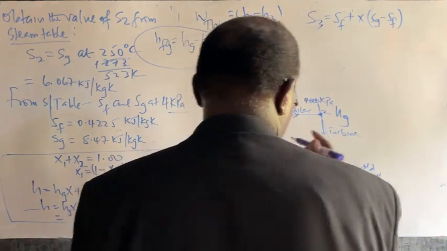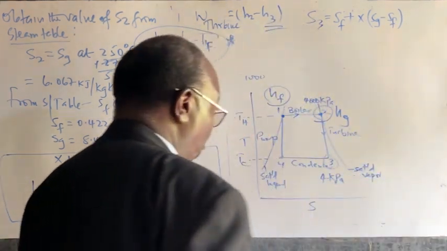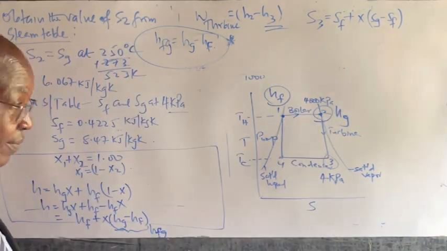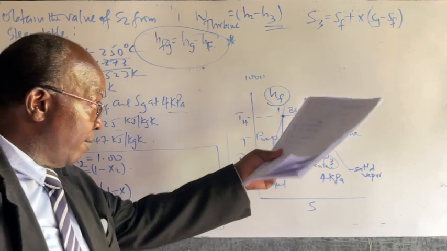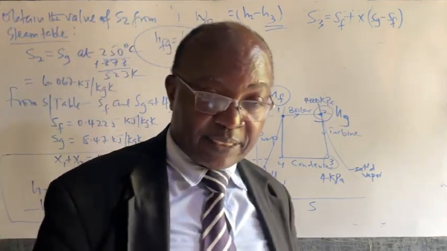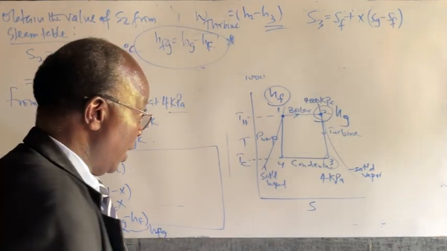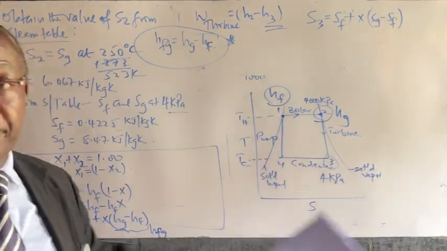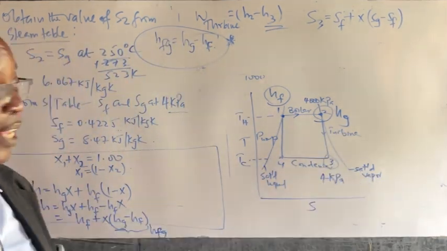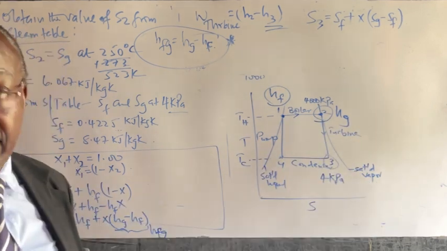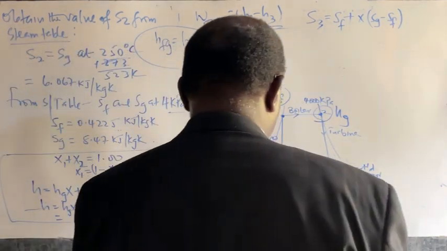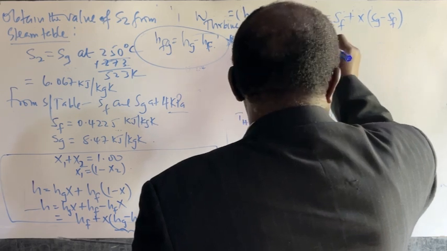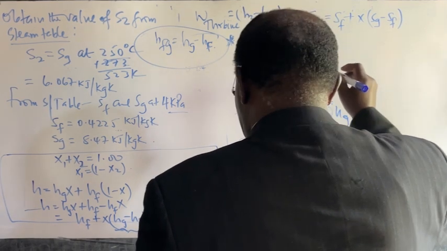Remember, S3 was equal to S2, and for that value, we can get the value for state point 2 at 4,000 kilopascals from the steam tables, and we know that it is equal to the value, because it's an isentropic process, S2 is equal to S3. So when you have the value of S2, that's the value of S3. And that value is 6.067 from the steam tables.